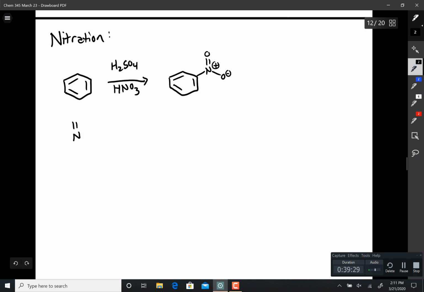This is the mechanism. Here's what nitric acid looks like, the Lewis structure anyway. Now, the mechanism for nitration is to form the electrophile. We're going to use sulfuric acid, which is a much stronger acid than nitric acid, to protonate nitric acid.